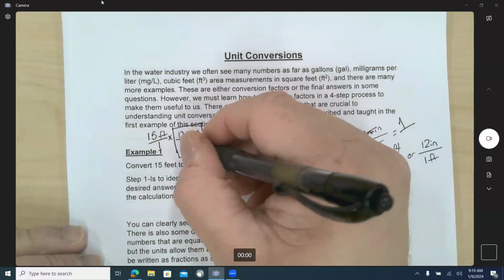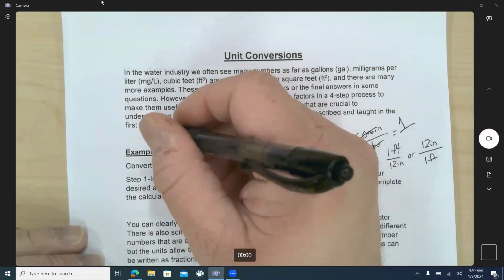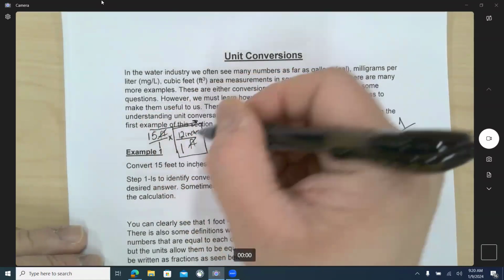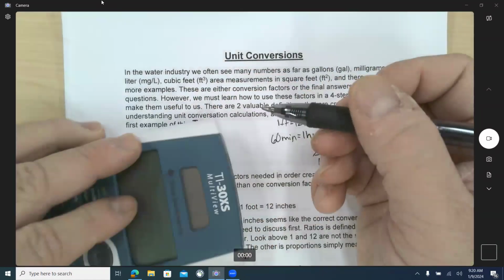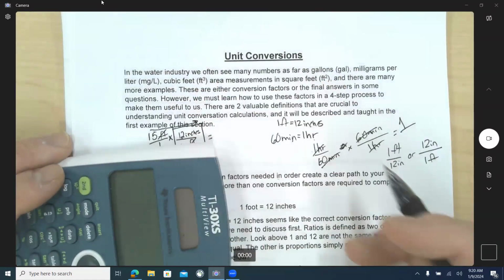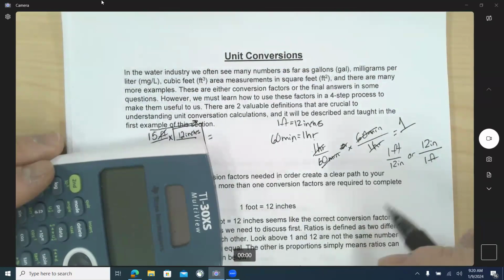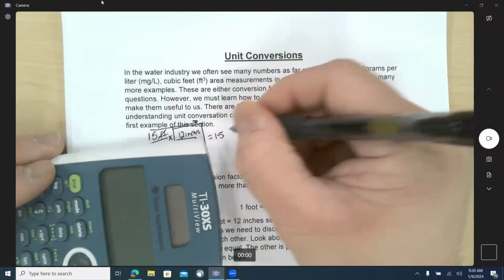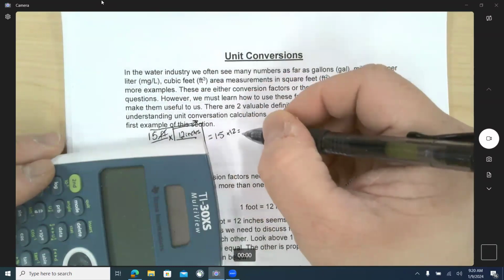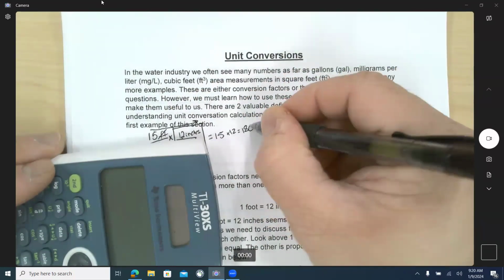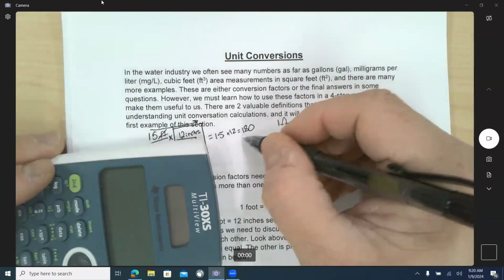Now to do the math, you cancel that out, and you multiply everything on the top this way and everything on the bottom this way. So what's that look like? Well, that sure looks like 15 times 12 to me, which is 36, 180. Wait, yeah, 180.